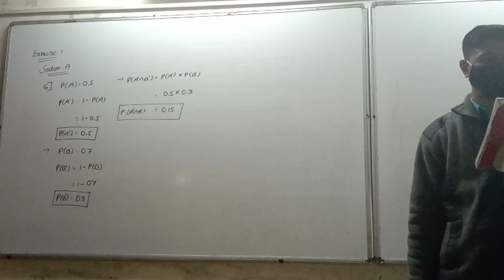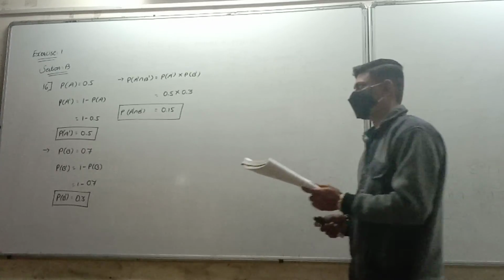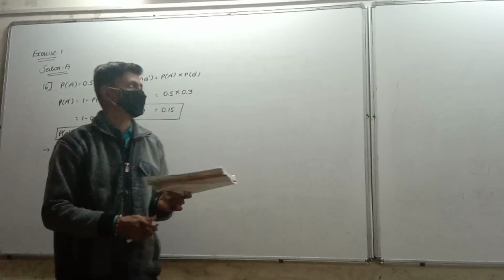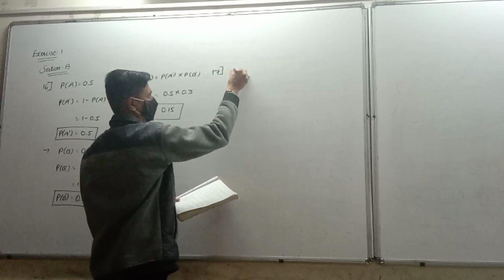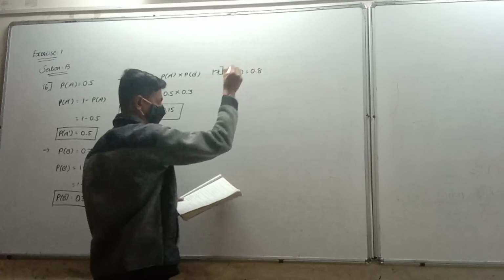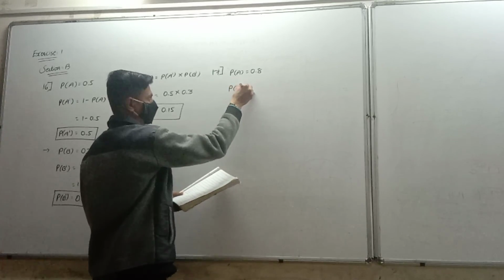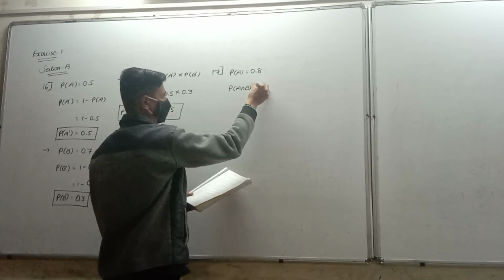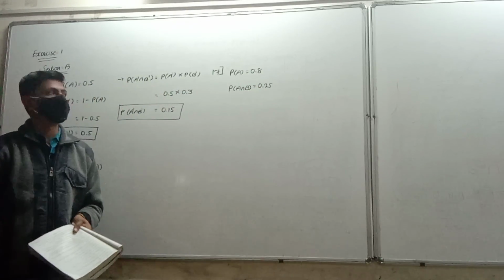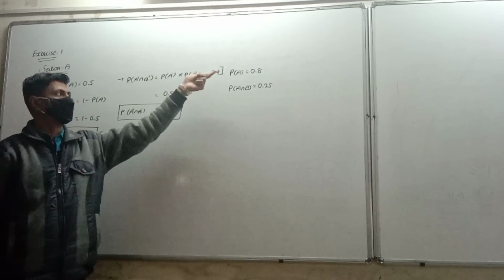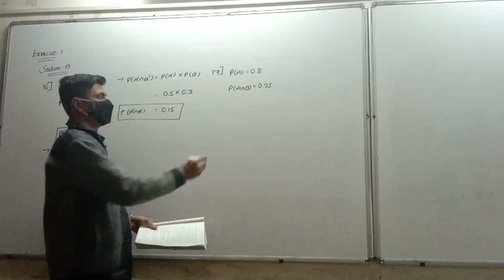Next, if P of A is given 0.8, and P of A intersection B is 0.25, find the P of A different B. For A different B, the formula is P of A minus P of A intersection B, different event.